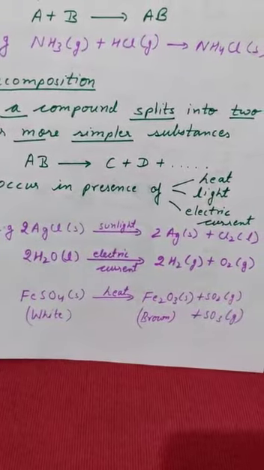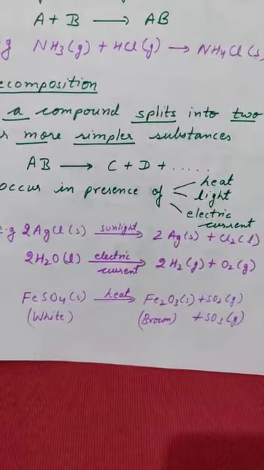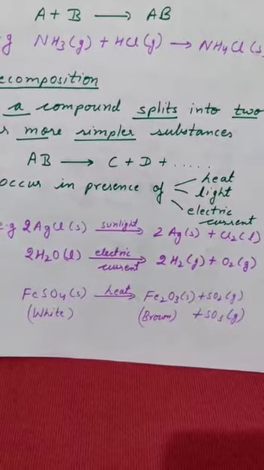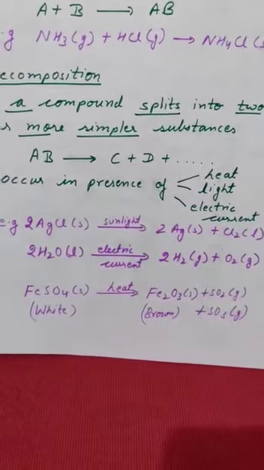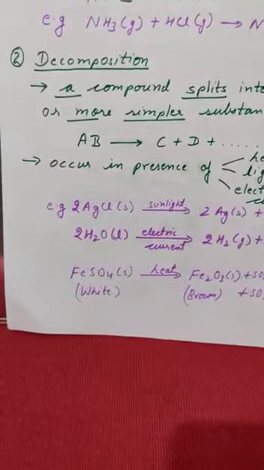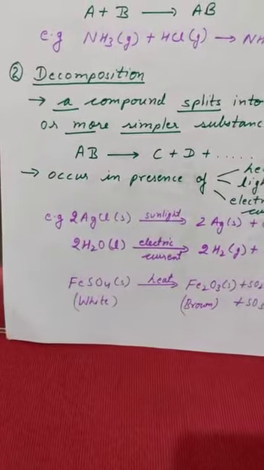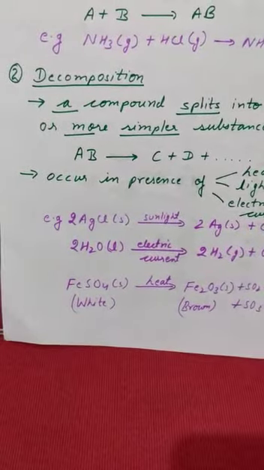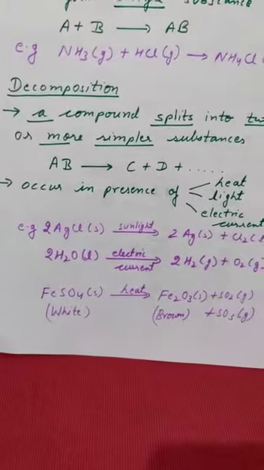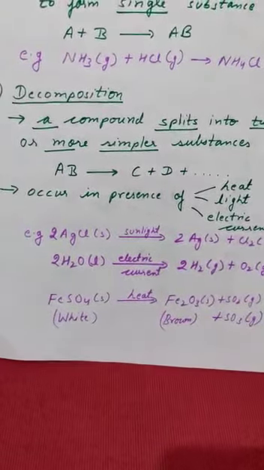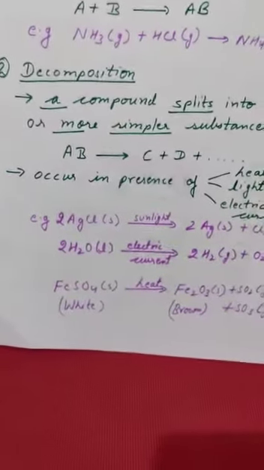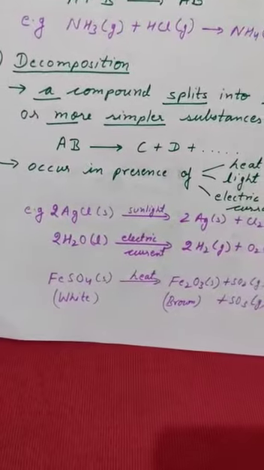If decomposition takes place in the presence of electric current, then it is known as electrolytic dissociation. So there are examples where a compound splits either in the presence of sunlight or heat or by passing electric current. So all these examples show decomposition reaction.